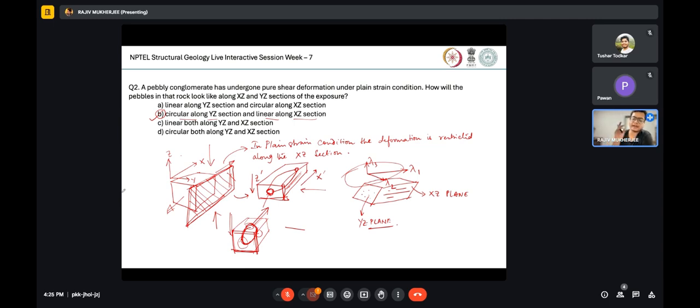Okay, no problem. But keep in mind that whenever you are dealing with lineation, right? Linear features, and if any question is associated with lineation, always remember that it will be the strain ellipse, not the stress ellipse. For foliation, you can think about the stress ellipse, because the development of foliation is directly related to the stress.